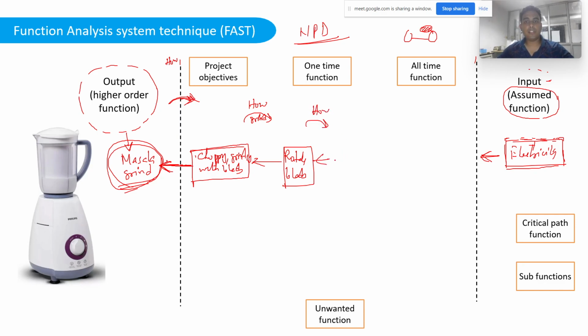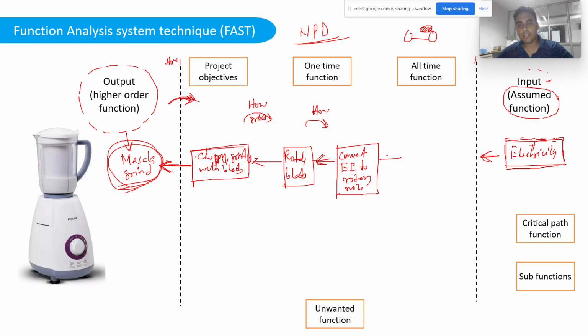How rotate means you need something that actually rotates the blades. That means you are converting electrical energy into rotary mechanical motion.